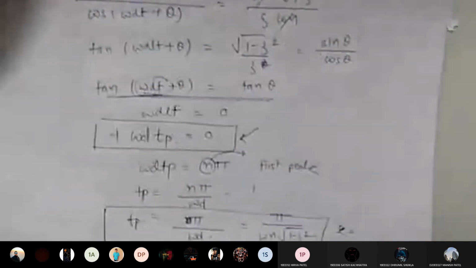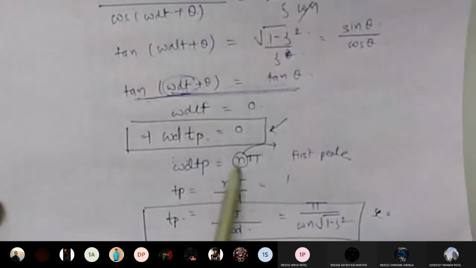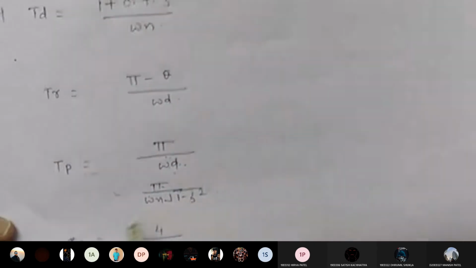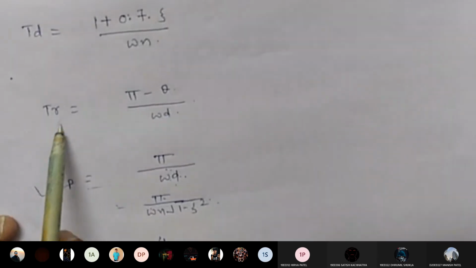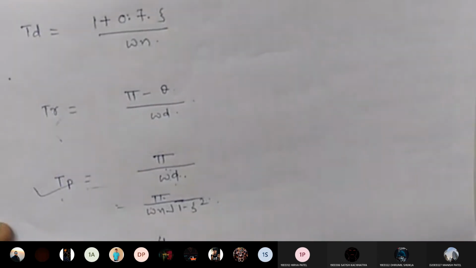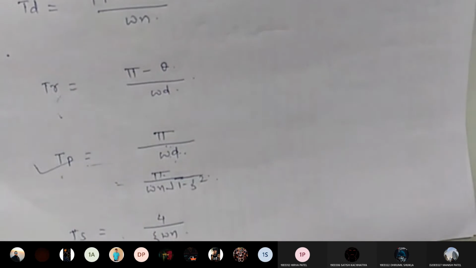Once you derive it, you will be able to know. So we have these 5 formulas. Out of these 5 formulas, we have completed this Tp. In the next lecture, we will go for Td, Tr, Ts, and Mp.